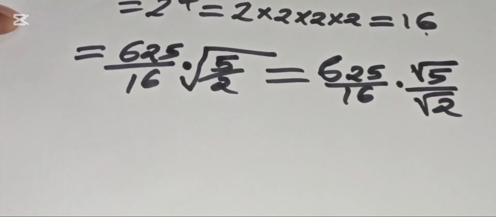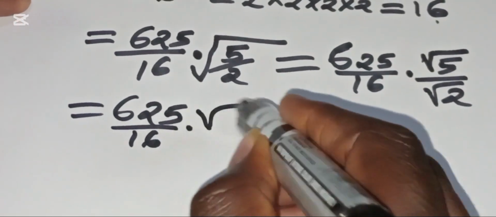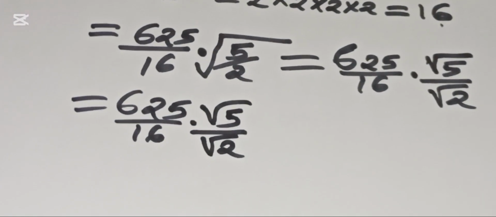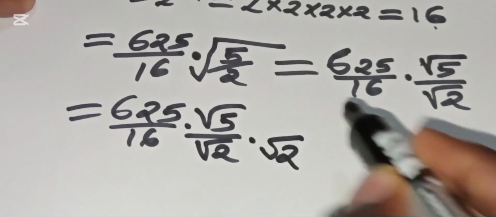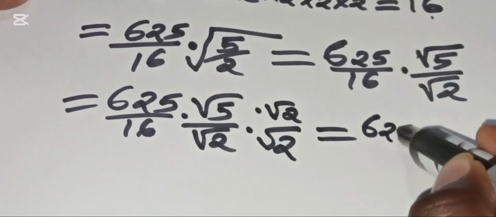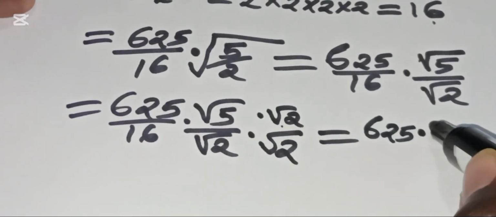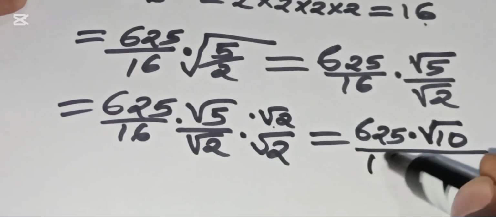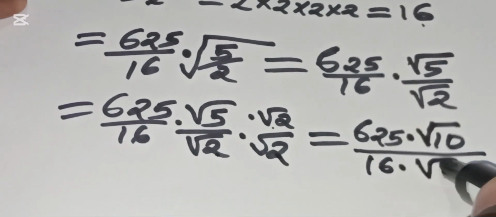Now from here, we have 625 divided by 16 multiplied by square root of 5 divided by square root of 2. The next step is that we can rationalize the denominator by multiplying both sides by square root of 2 over square root of 2. So now we are going to have 625 multiplying by square root of 5 multiplying by square root of 2, which is the same thing as square root of 10, divided by 16 multiplying by square root of 2 multiplying by square root of 2, which is the same as square root of 4.